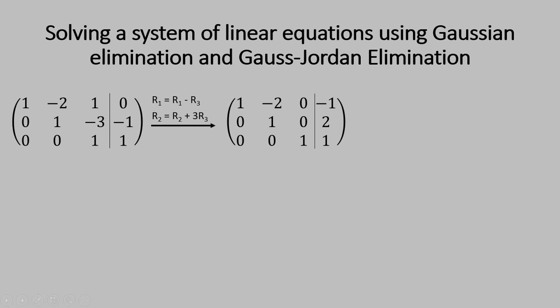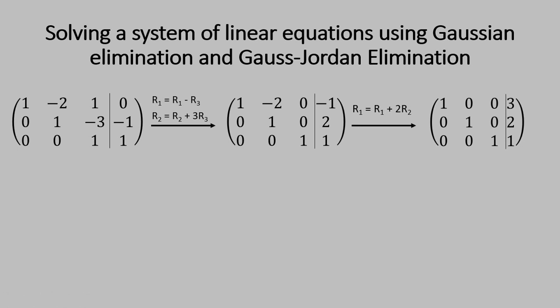So this is just 3 times row 3 plus row 2, and this is just row 1 minus row 3, right? And that gives us 0, 0 here. So now we want this here to be 0, and it would be row 1 equals 2 times row 2 plus row 1.